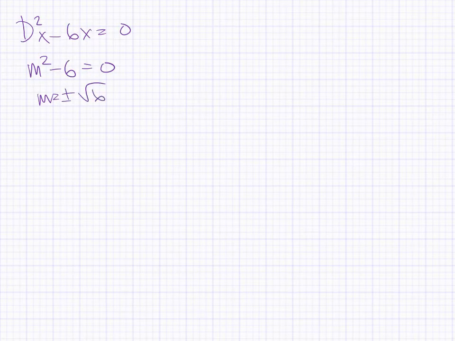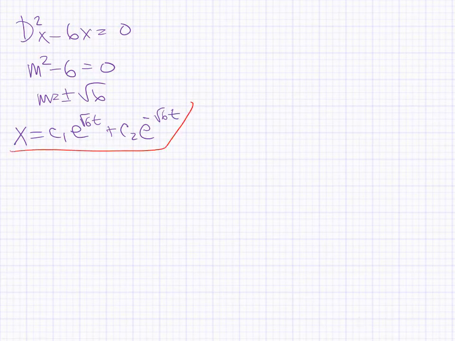So x, remember x is our dependent variable, equals c1 e to the square root of 6 t plus c2 e to the minus square root of 6 t. There's the x function that satisfies this set of differential equations.